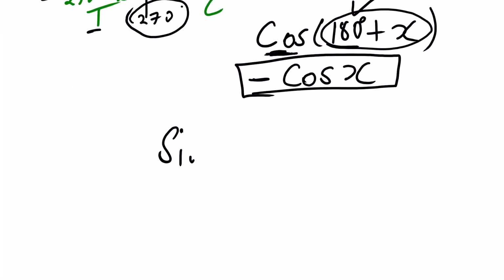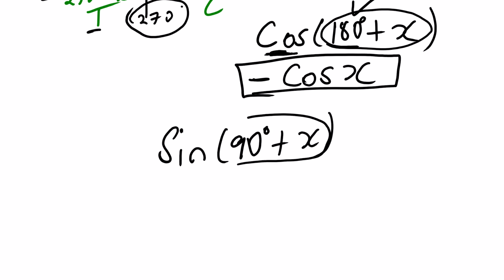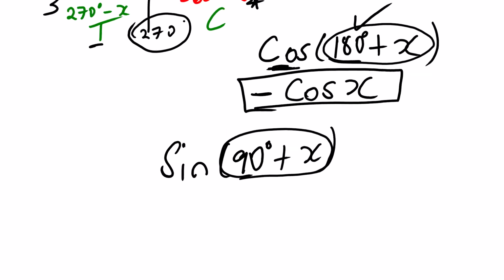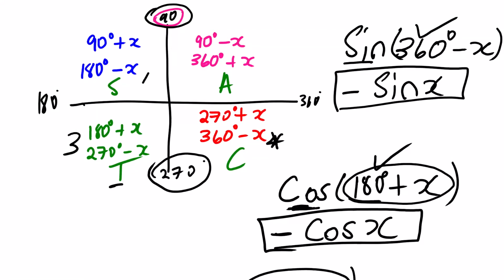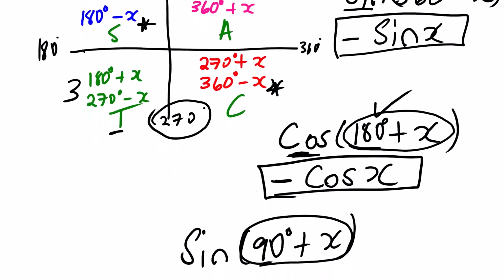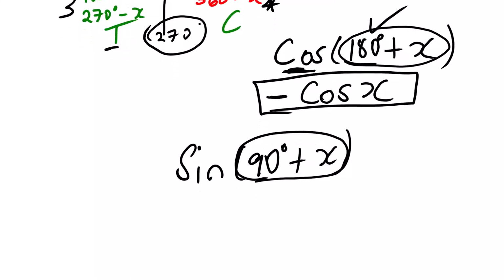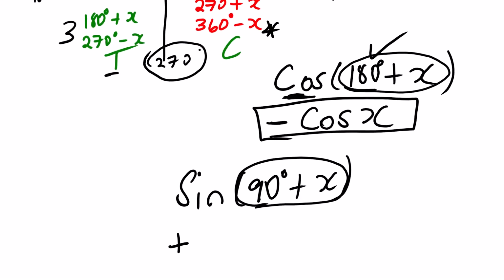Suppose we have sine 90 plus x. Which quadrant is sine 90 plus x? We know that it's quadrant number 2. Now, is sine positive or negative? It is positive. But then, because we're using 90, sine will change to cos x.